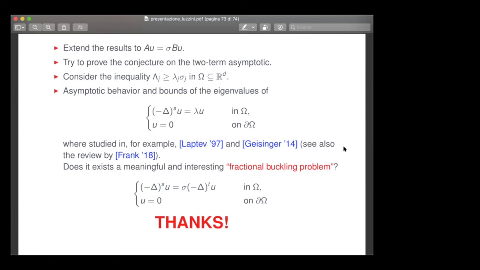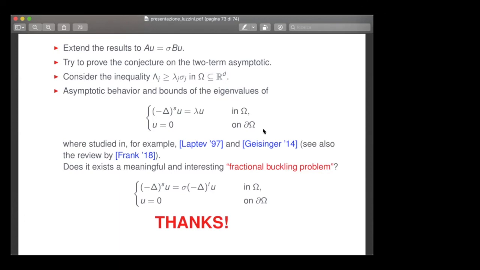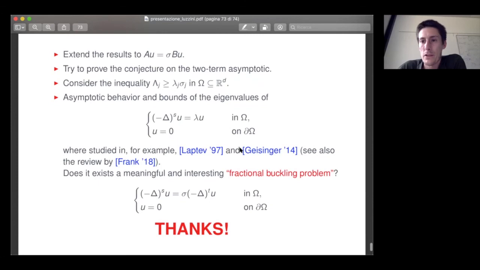Do we need some regularity about omega, for the last problem? For which problem? For this one. Well, I don't know. I believe that, of course, it depends on what one wants to obtain.